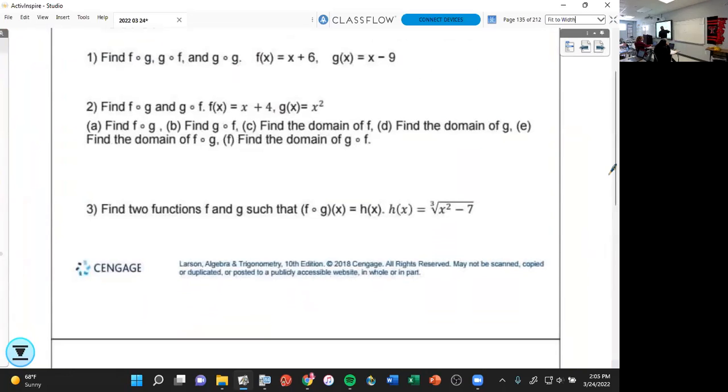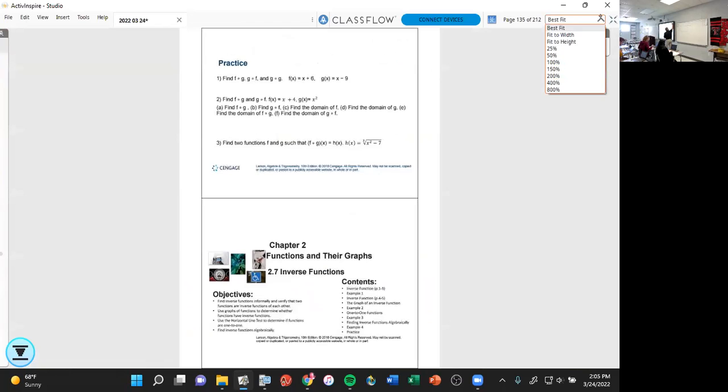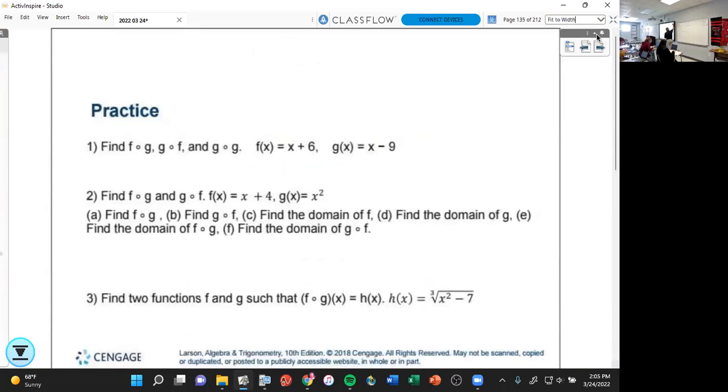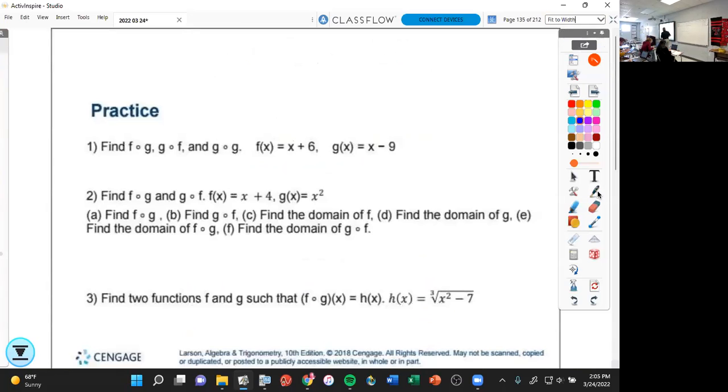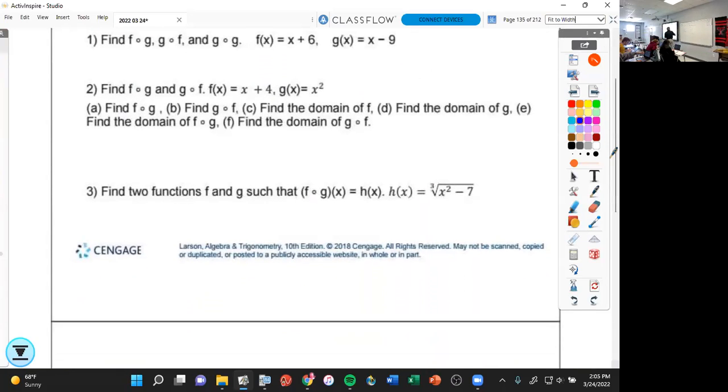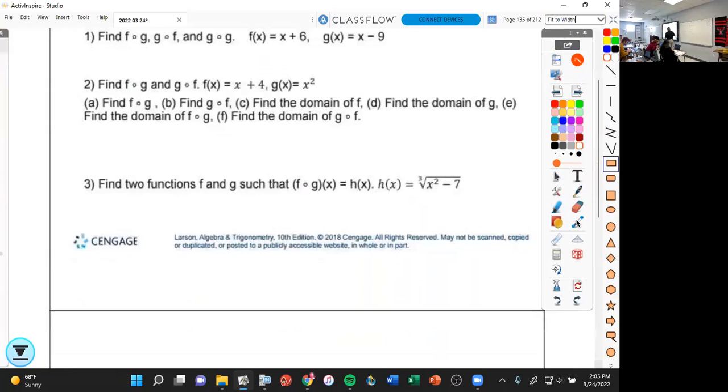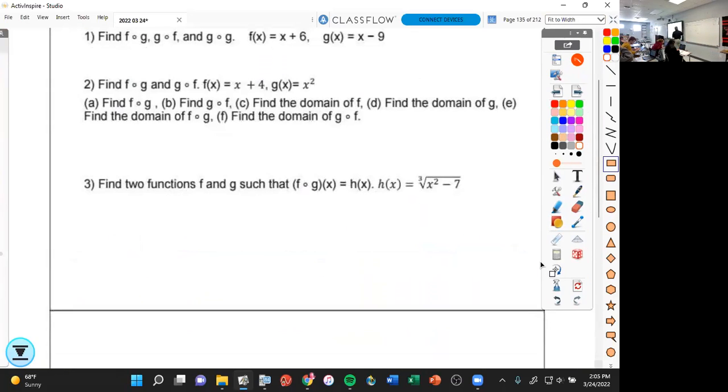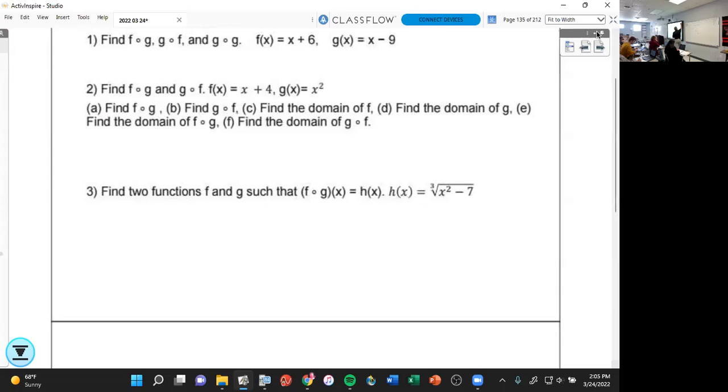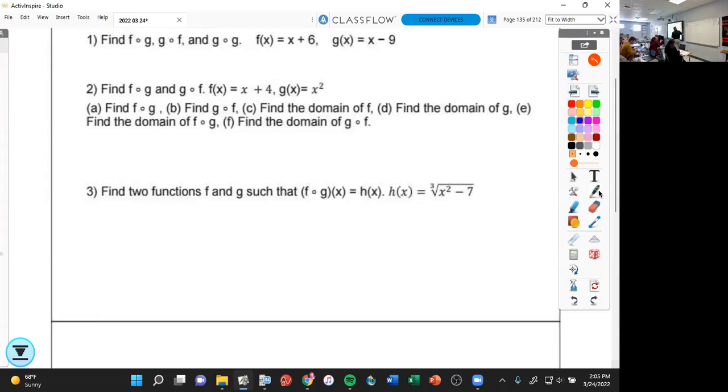And that's really all at 26B. Let's do number 3 on the practice real quick though. I want to decompose number 3. Okay.